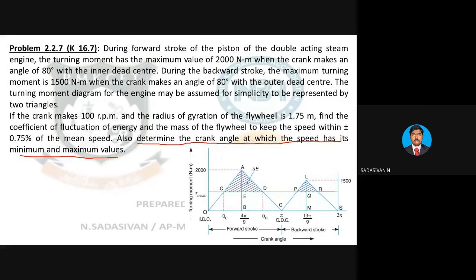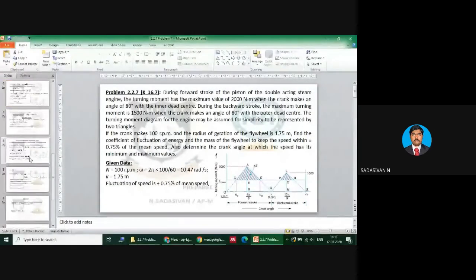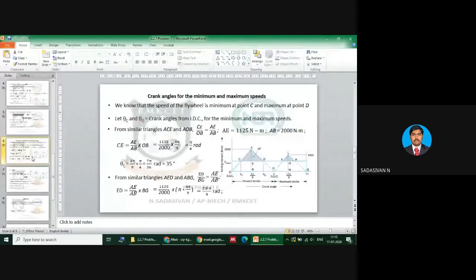Speed here means the speed of the flywheel. The effective speed of the flywheel is the speed of the engine in turn. So when will the speed of the flywheel be maximum and minimum? You have to think intuitively from the diagram. I will tell you how to predict the maximum and minimum speed points using the graph.